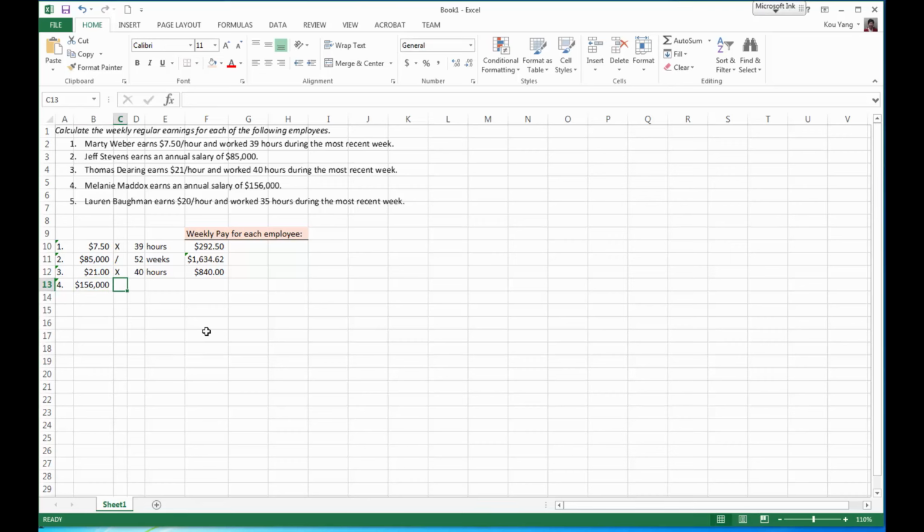Like what we did for Jeff, who has an annual salary of $85,000, we're going to divide that by the 52 weeks again. So 156,000 divided by 52 weeks gives her a weekly payroll of $3,000.